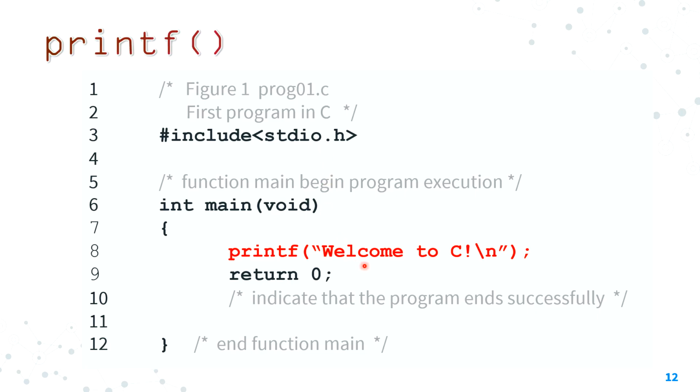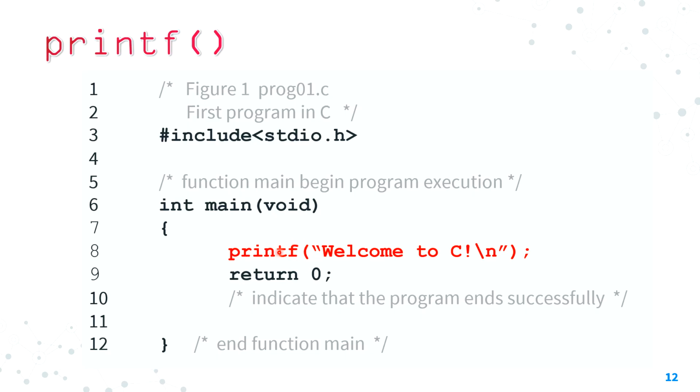As you can see, the text printed by printf must be inside double quotes. So you have a string like this, "Welcome to C\n", enclosed in double quotation marks. The word printf itself supports formatted output.